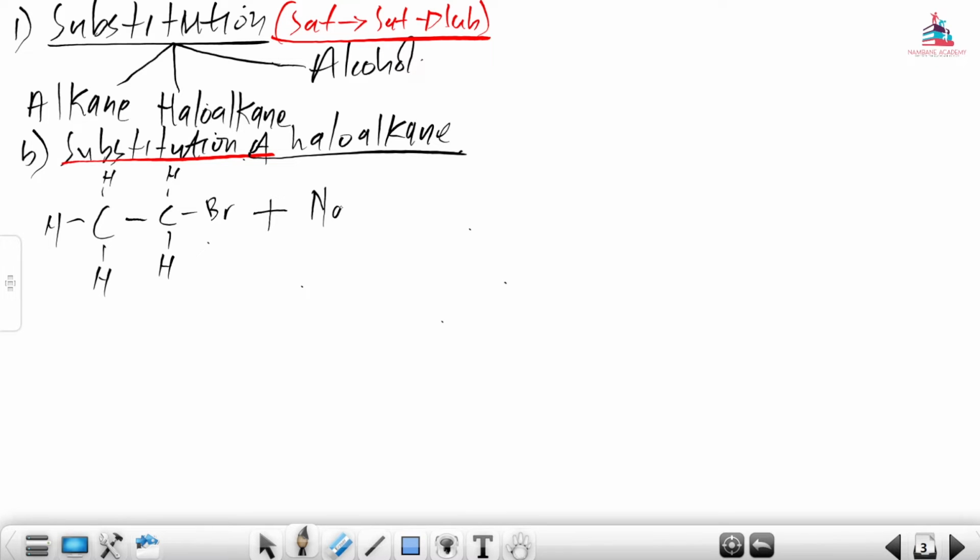Let's add sodium hydroxide. So the product that will be formed will be an alcohol. So we are going to have COH, H, H, H, H, H plus NaBr.